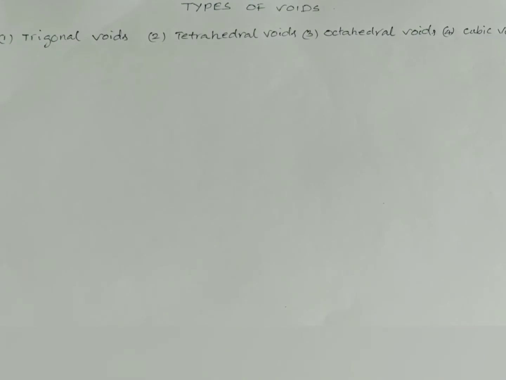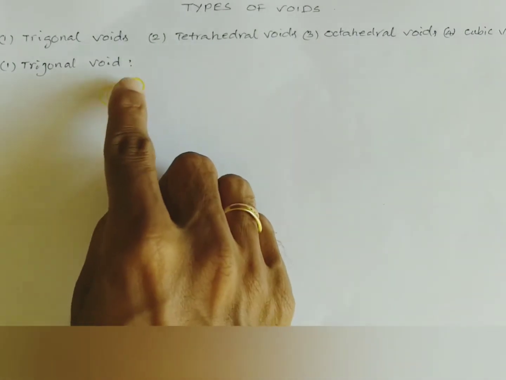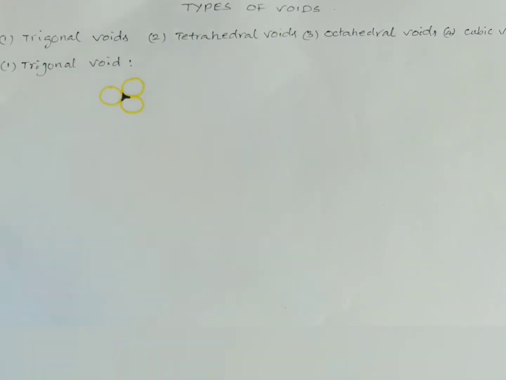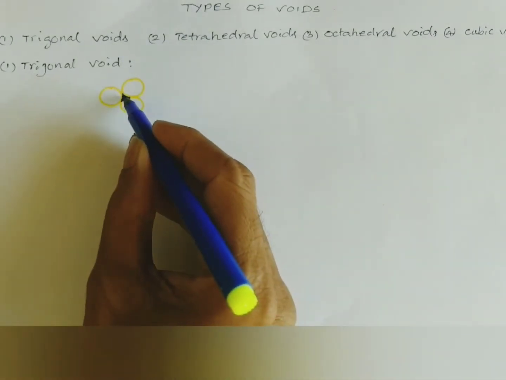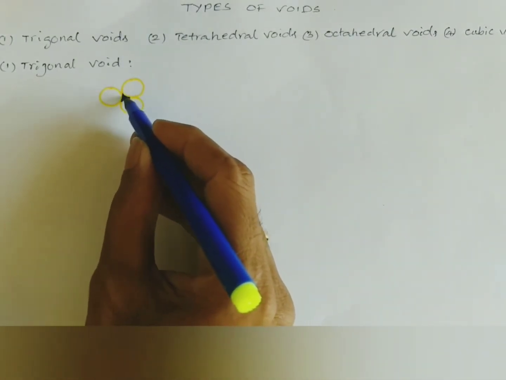First one is trigonal void. A trigonal void is formed by three spheres. So these are the three spheres, and this is the empty space that is created by these three atoms. So this open space is known as trigonal void.